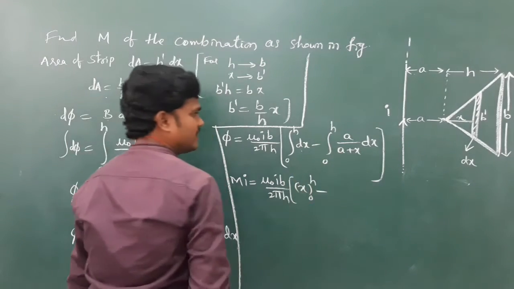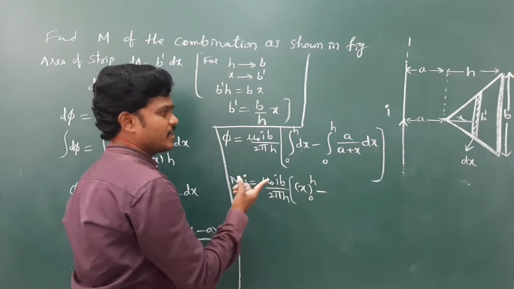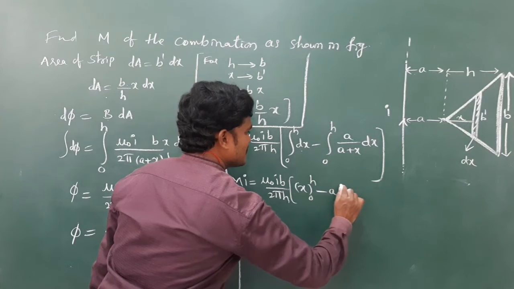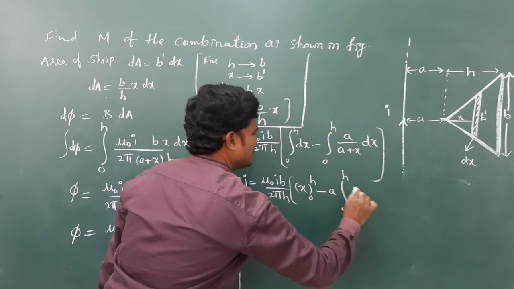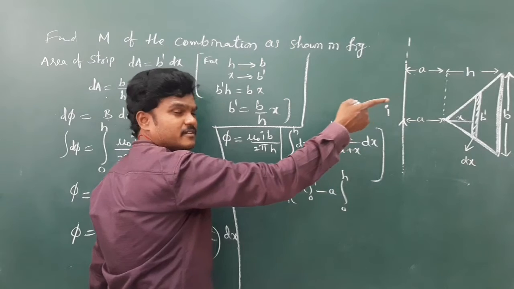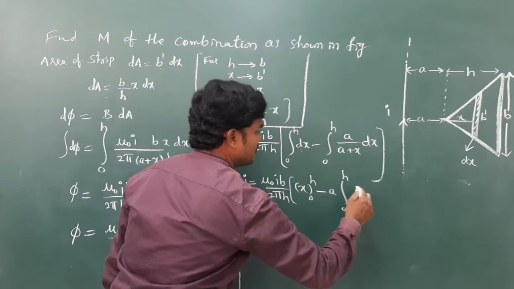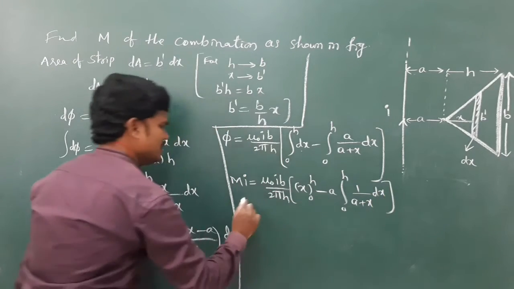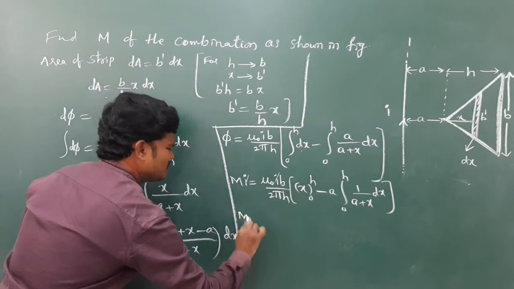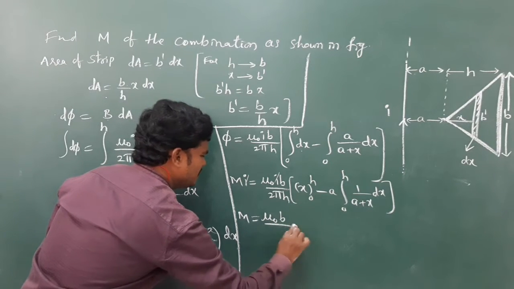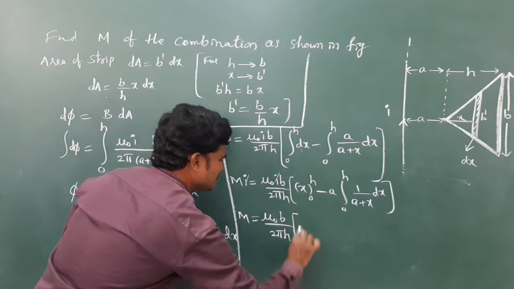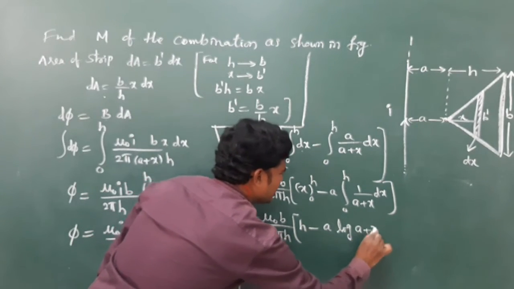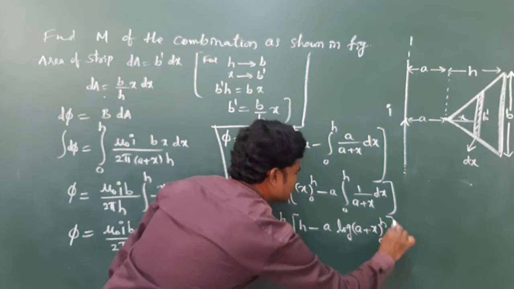Write a outside, and you get log of a plus x. Actually take a plus x as t, dx is equal to dt, so you can write directly log of a plus x for 1 by a plus x dx. I gets cancelled. M is equal to mu naught b by 2 pi h, h minus a log of a plus x with limits 0 to h.